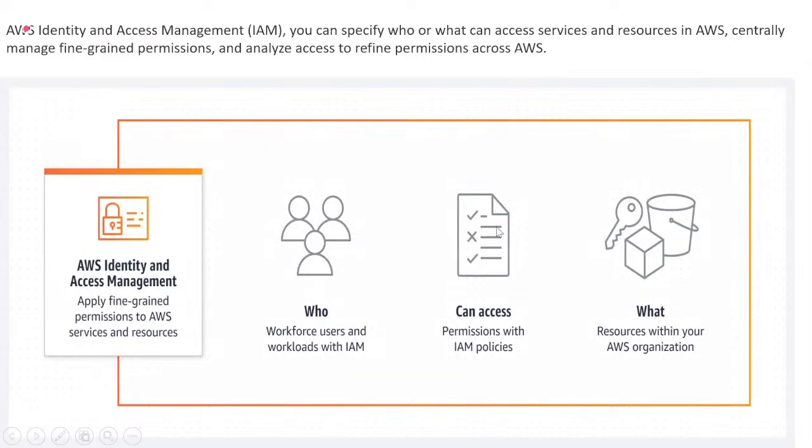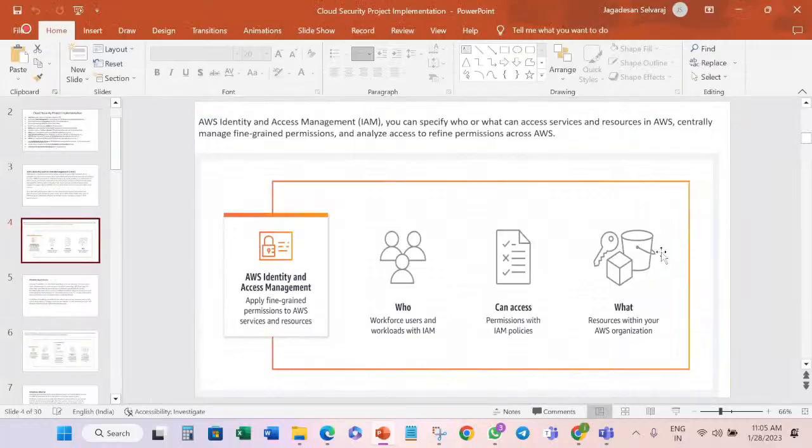You may provide only two or three accesses, such as the S3 bucket, the Key Management Service and the EC2 instance. If you provide EC2 instance access, only the EC2 instance can be accessed. That is the major use of IAM.